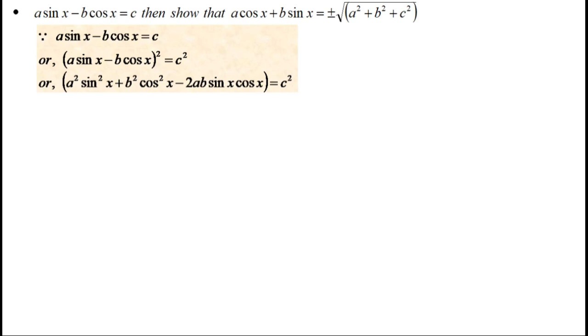We know sin square x plus cos square x equals 1, then sin square x equals 1 minus cos square x and cos square x equals 1 minus sin square x.